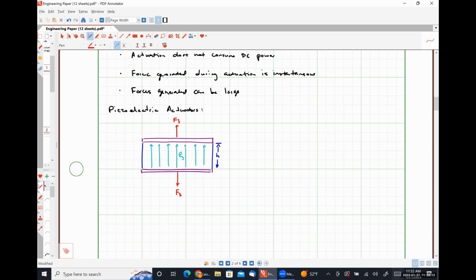We're going to talk about that force momentarily. Just to identify things, this is our A3 surface, and this is our A1 surface.